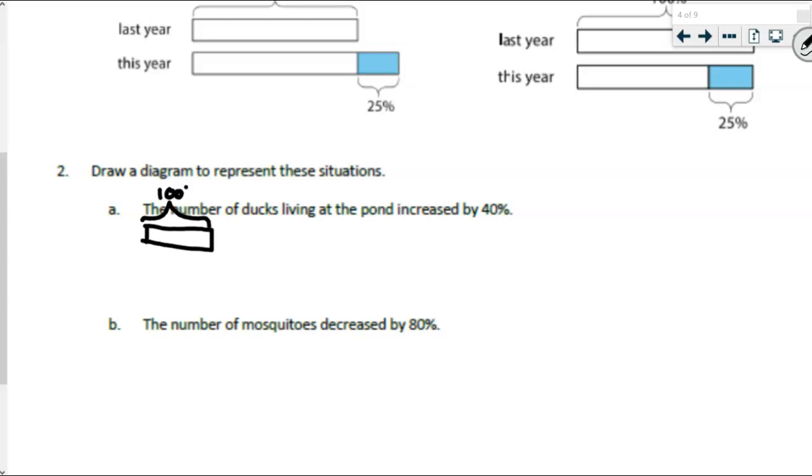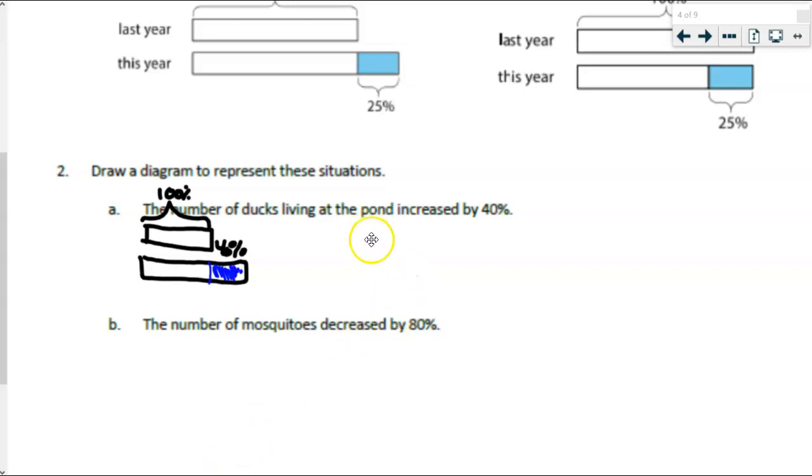Looks like that's going to be that 100%. 40%. Okay, good. The only adjustment that I'm going to make is this. I want to see that same 100%, so I'm just going to draw a line saying, oh, there's that 100%, and this from here on out is that extra 40%.